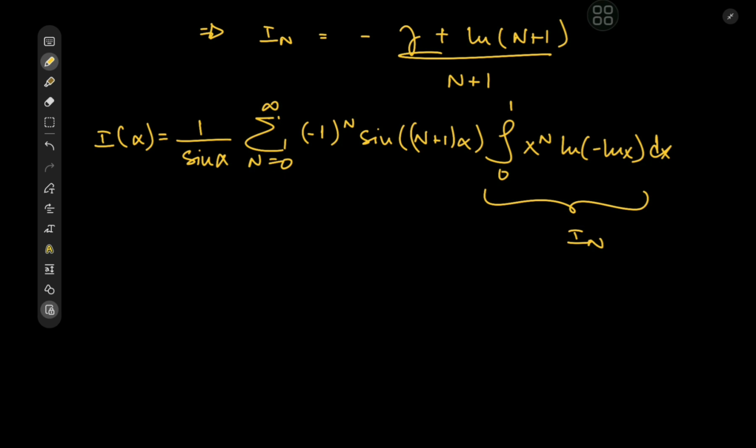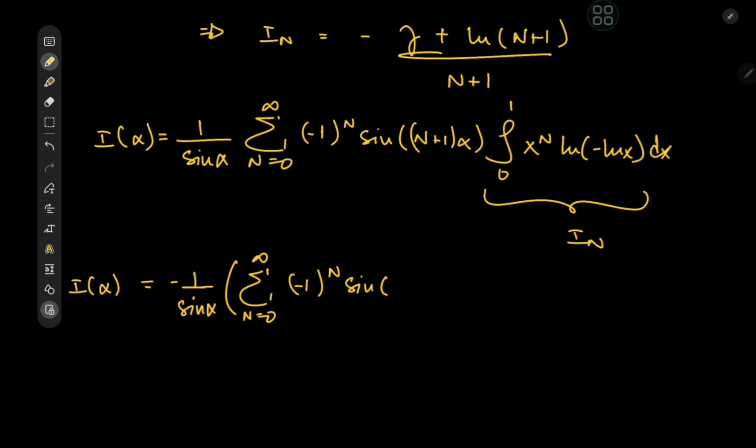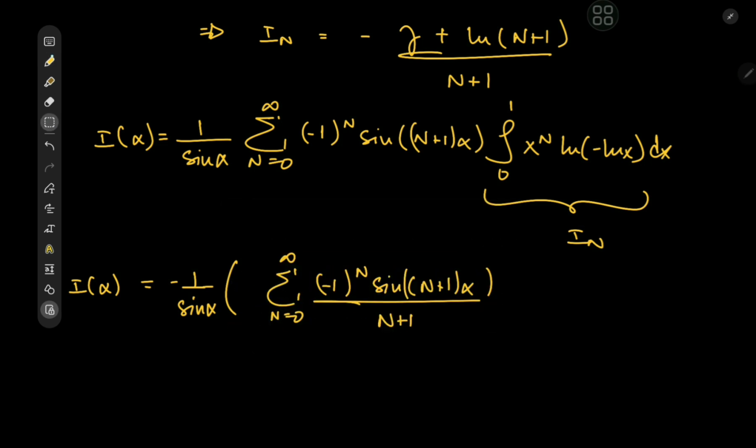Yeah. So we have the target integral I of alpha equal to negative 1 by sine alpha times a bunch of stuff. We have first up the sum from n equals 0 to infinity of negative 1 to the n times sine of n plus 1 alpha divided by n plus 1 times the Euler-Mascheroni constant. So I need some space for that. There we go, Euler-Mascheroni, and that looked a bit weird.